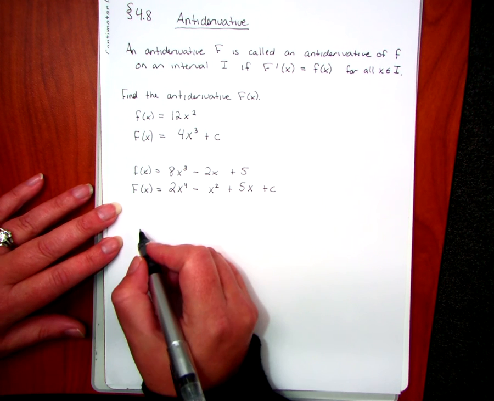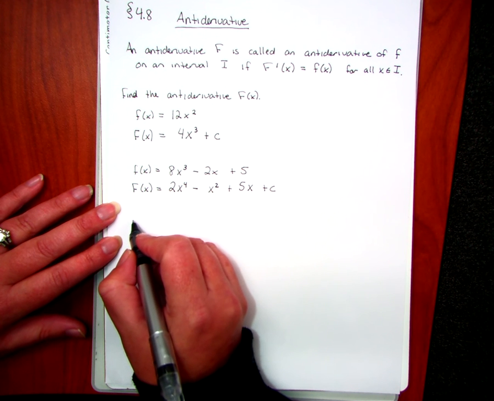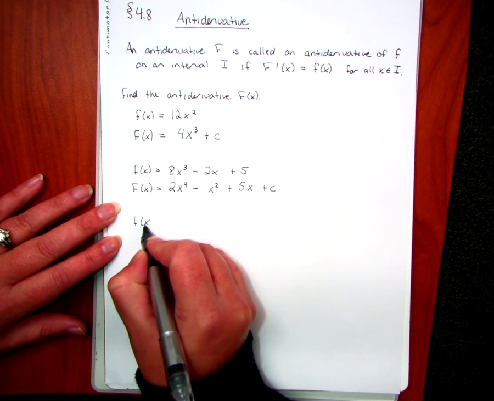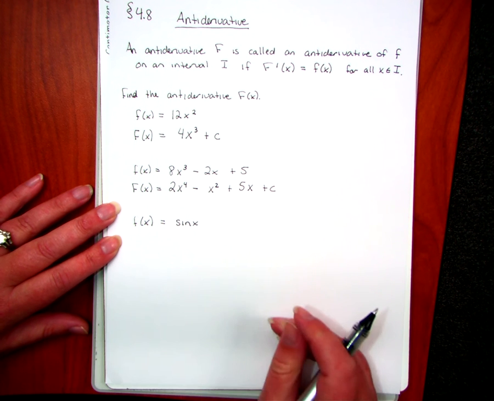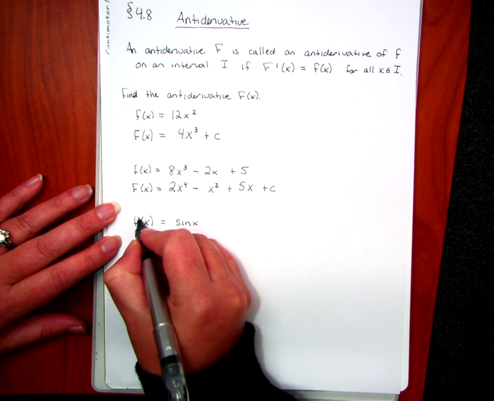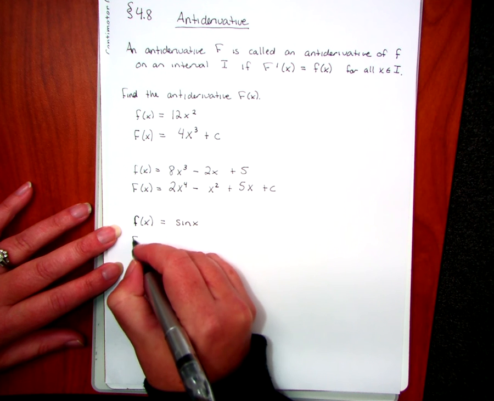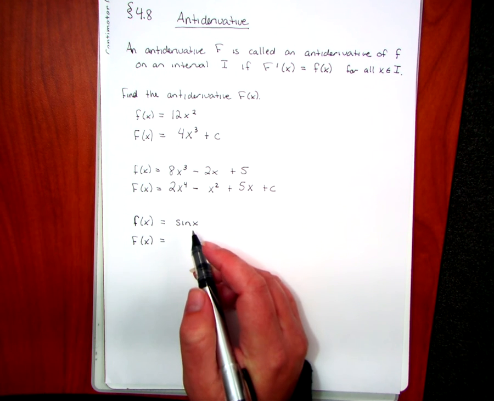All right, so let's think about other functions that we can find the antiderivative of, such as trig functions. So if little f was sine x, then we need to remember what the function is that when we differentiate we get sine.